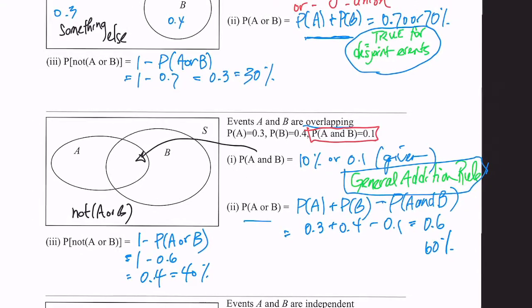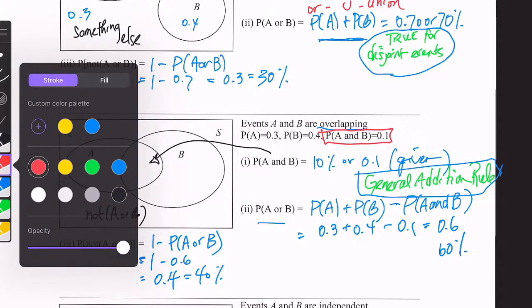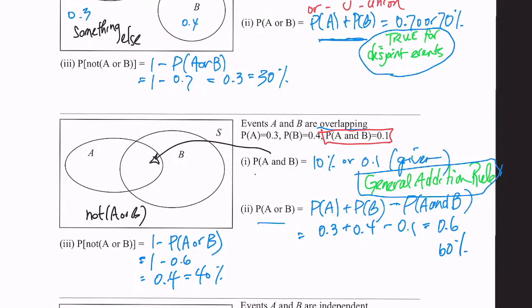Any questions about that one? So this is for the case of overlapping events. So we covered complementary, disjoint, and overlapping. And for overlapping events, you have to have this extra information here, or you can't solve.